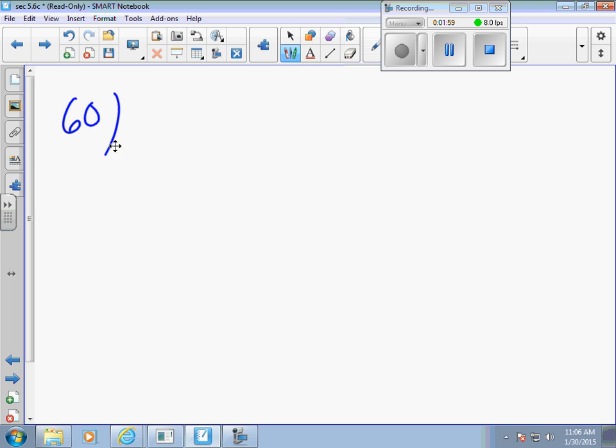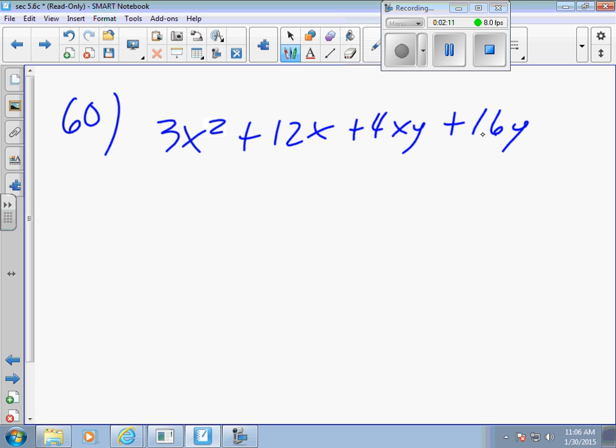Number 60, we have 3x squared plus 12x plus 4xy plus 16y. First thing I'm looking for is my greatest common factor, and I don't see anything that goes into all of them, so I'm going to group the first 2 together and group the last 2 together.